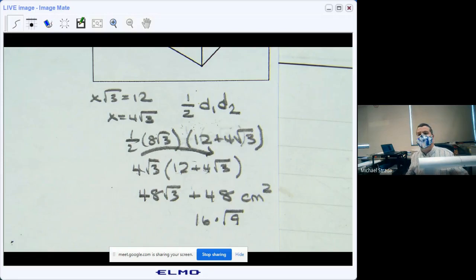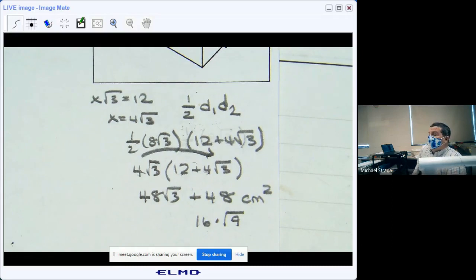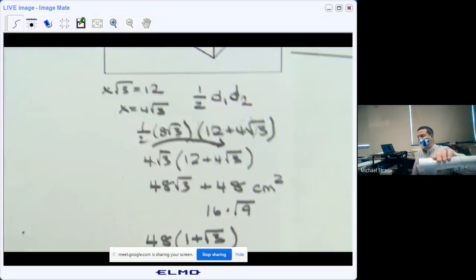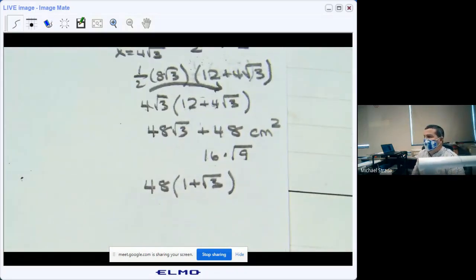Yes, sir. Like you could, oh, you're just talking about the order in which you write it? That's fine. It'll take either one. Or if you want to get really fancy, 48 times 1 plus square root of 3, but I don't think you're just adding work. I would say just be aware of that on multiple choice somewhere along the line, but yeah, it'll take any of them. All right, so we're good with the special right triangle component of tomorrow's quiz.